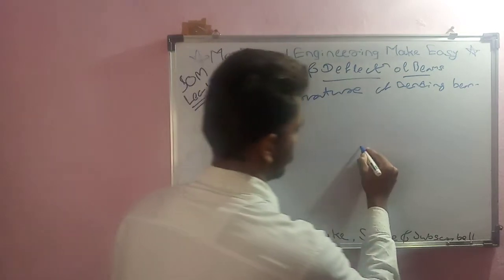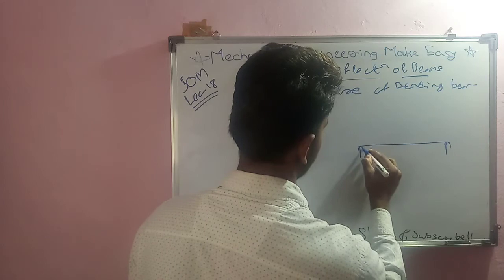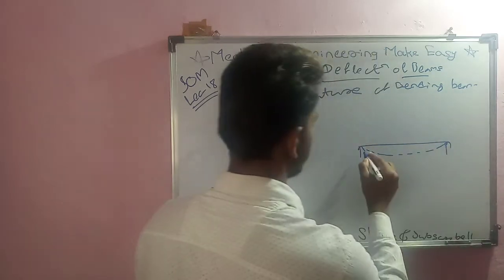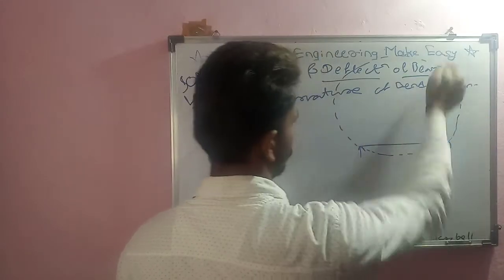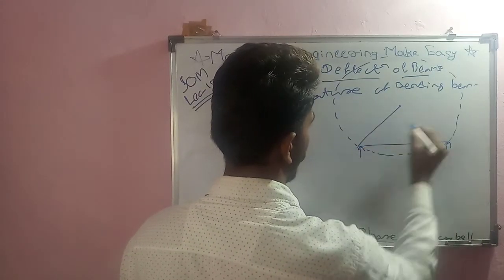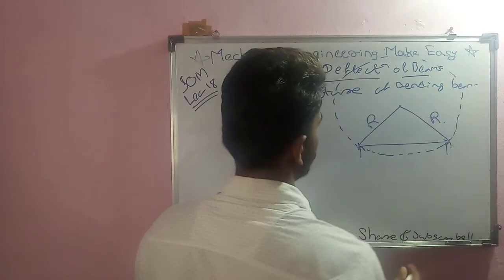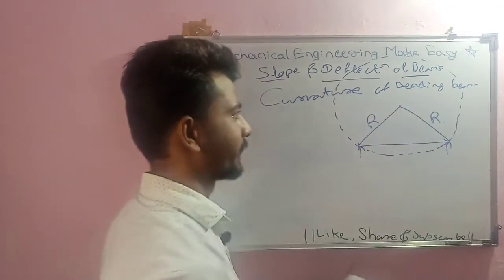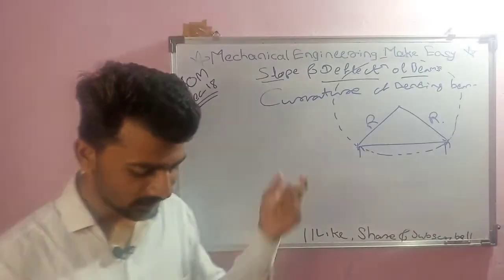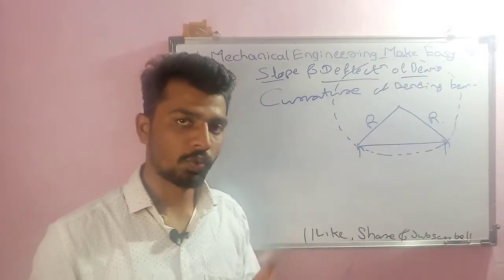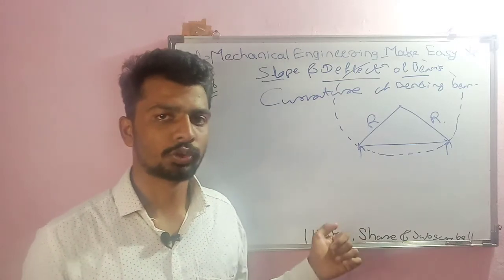Suppose this is one beam, maybe a simply supported beam, and it is forming one curve. If this curve is a circular arc, meaning that after joining such an arc it forms a circle with radius R, then for this standard case there is one specific formula for calculation of y and one for calculation of slope, that is theta.